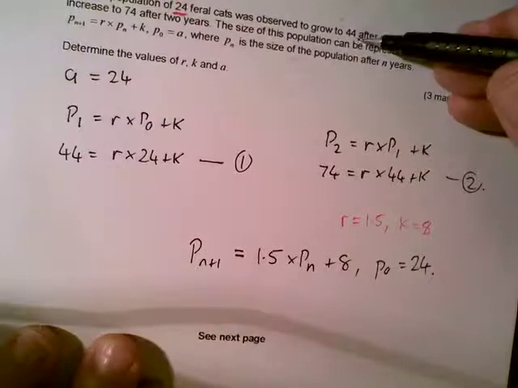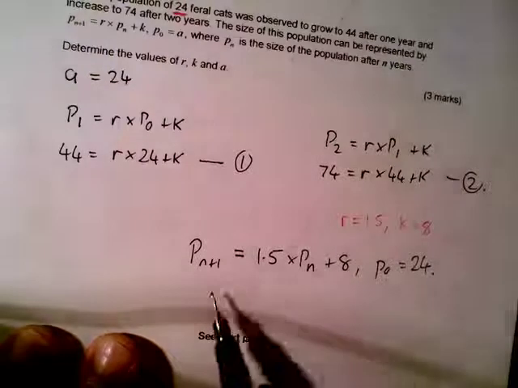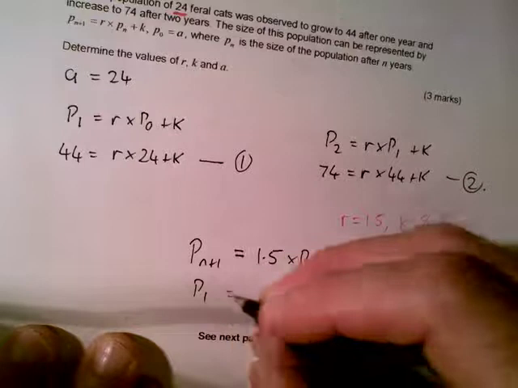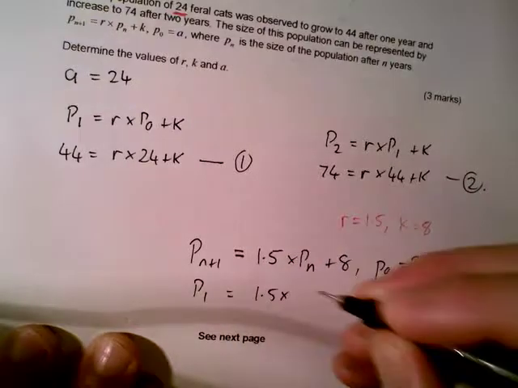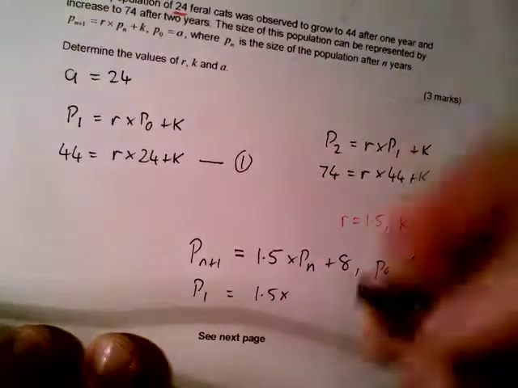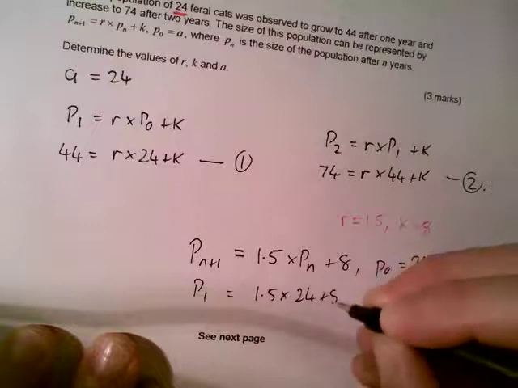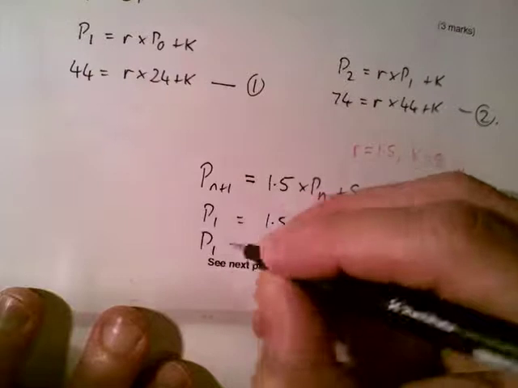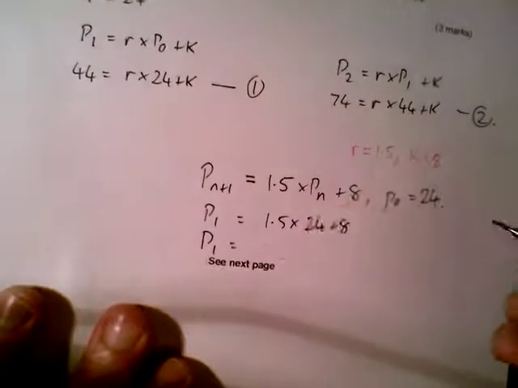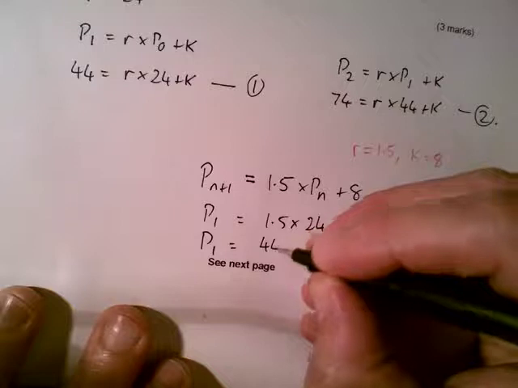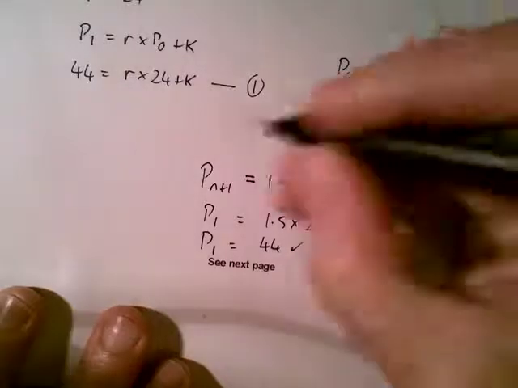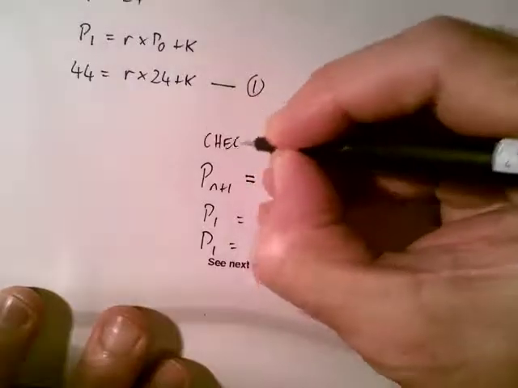Now P1 should come out to 44. So if we did that, P1 is equal to 1.5 times P0, now P0 is 24, plus 8. And doing that little calculation there, we'll get P1 is equal to 44 as expected. So that's just a little check I've done there, not really necessary.